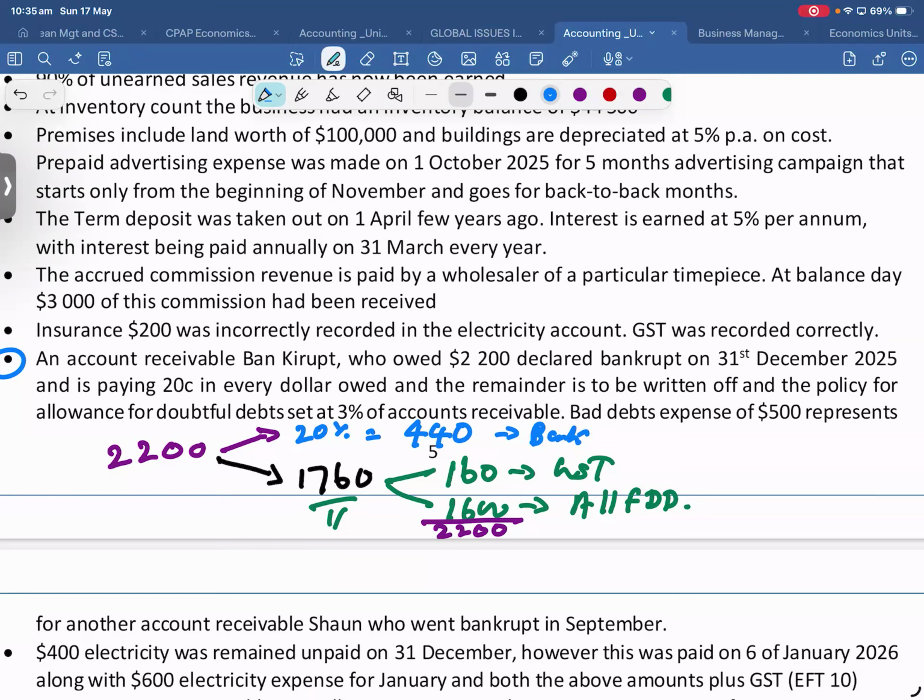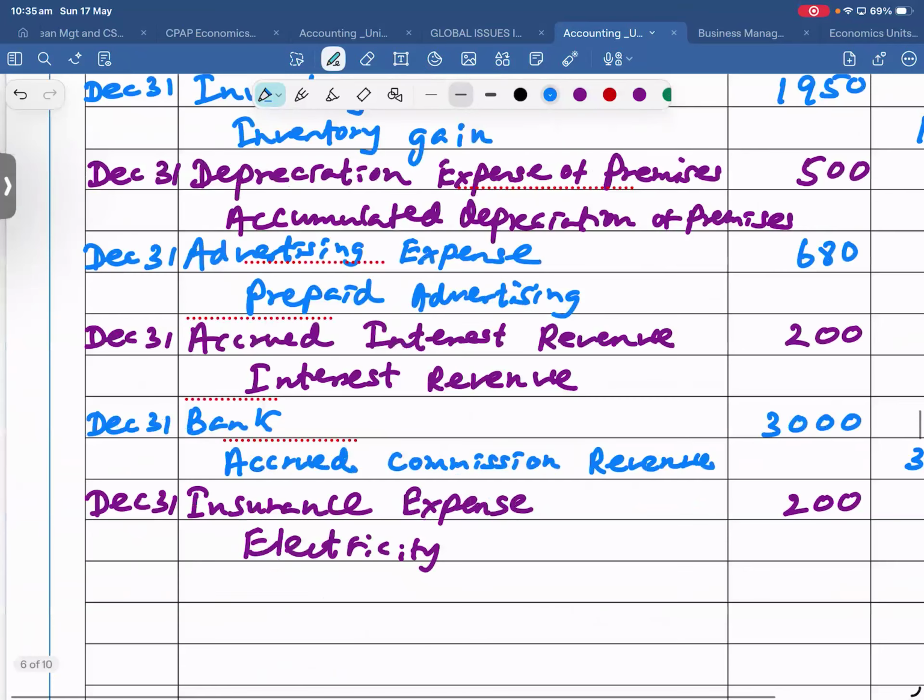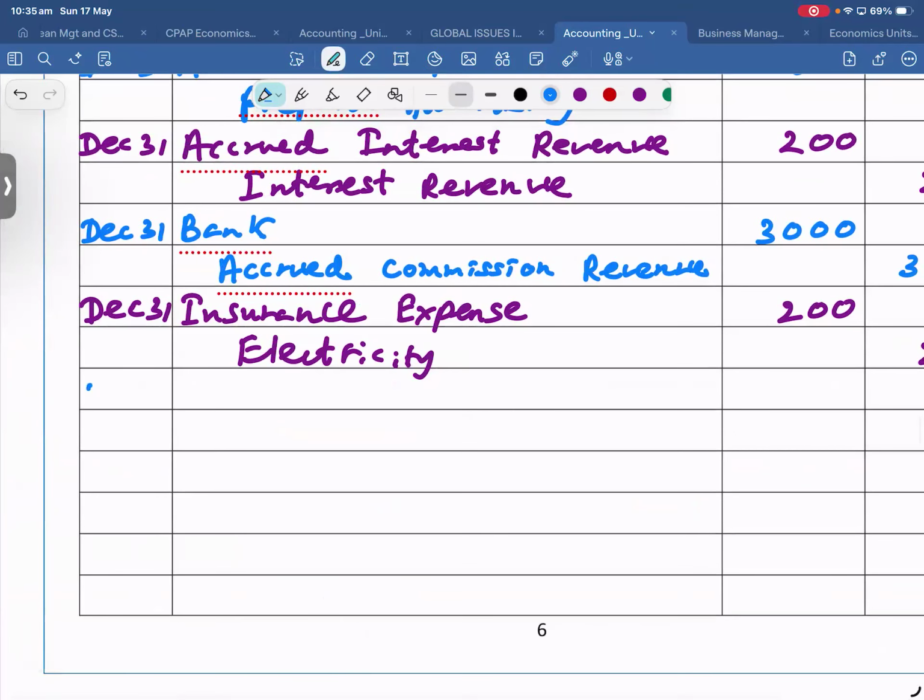Right. Shall we write the double entry? December 31st. Yeah. We debit the bank 440, allowance for doubtful debt.